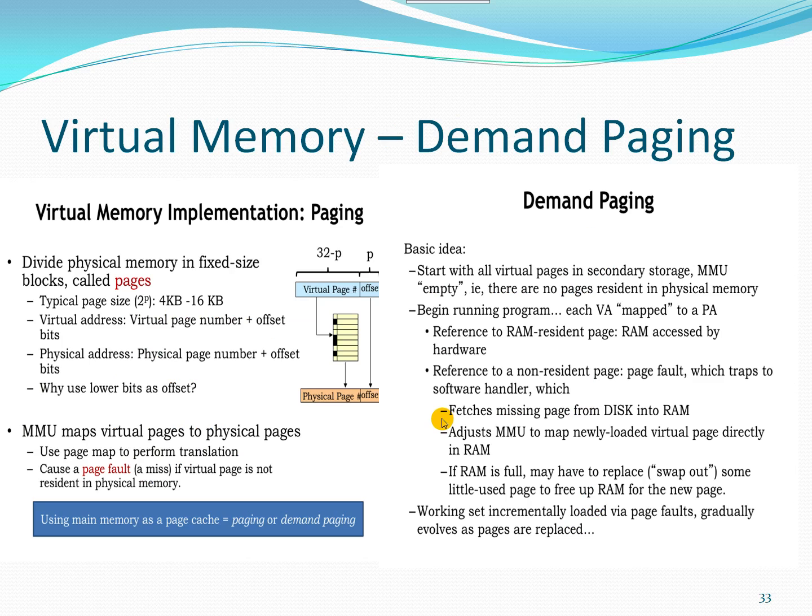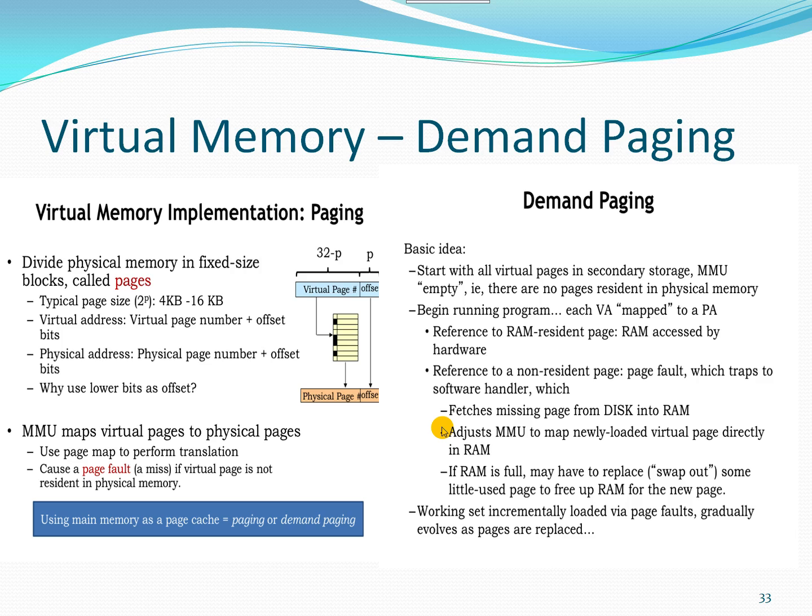The next topic is paging. Paging is a division of physical memory into fixed-size blocks, because in segmentation we divided the memory into variable-size segments, but the division of the physical memory into fixed sizes is called pages. Typically a page may be from 4 KB to 16 KB.